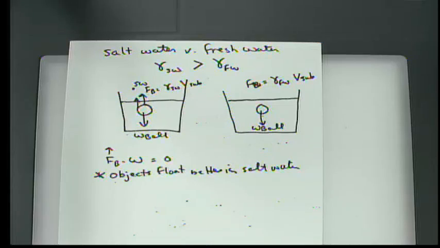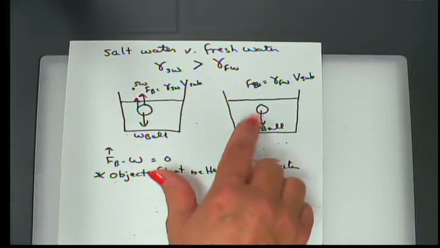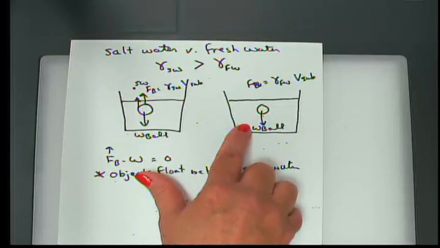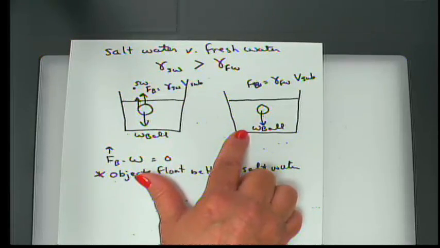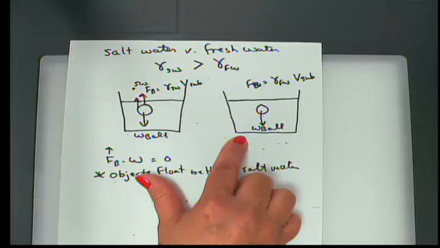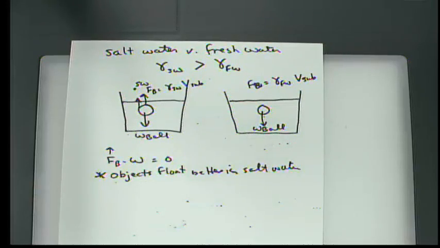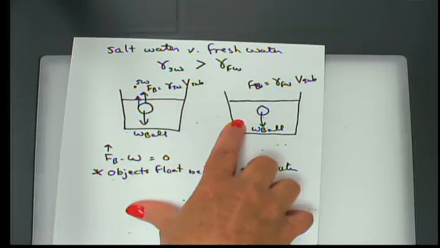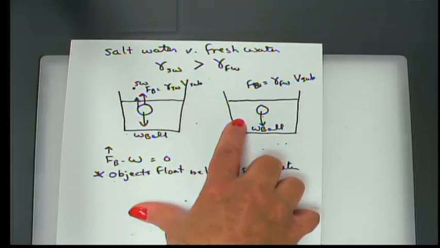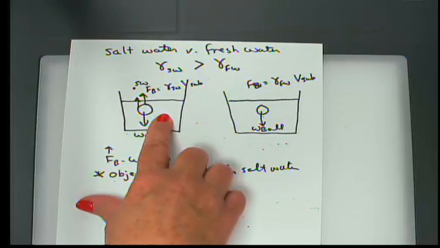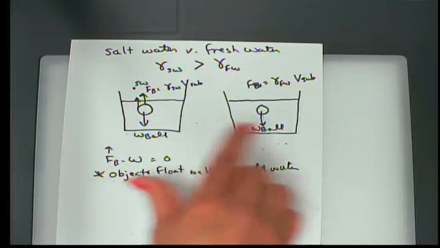Human body composition is, for a thin person, because muscle and bone weighs more than fat, body density for a very thin person tends to be close to the density of fresh water. It's not exactly the same. It's always a little bit different, so that most everybody can float in fresh water, but most everybody can float very, very well in salt water.